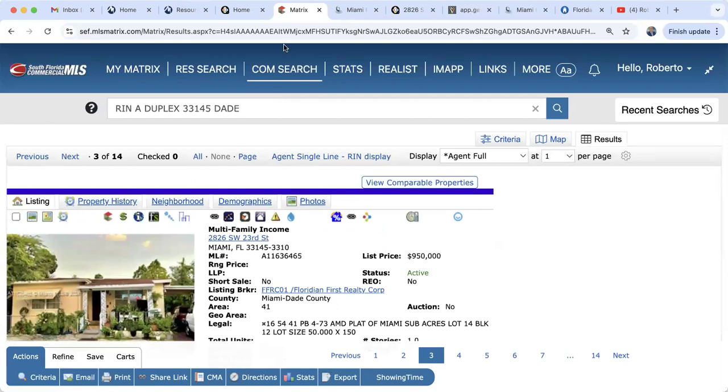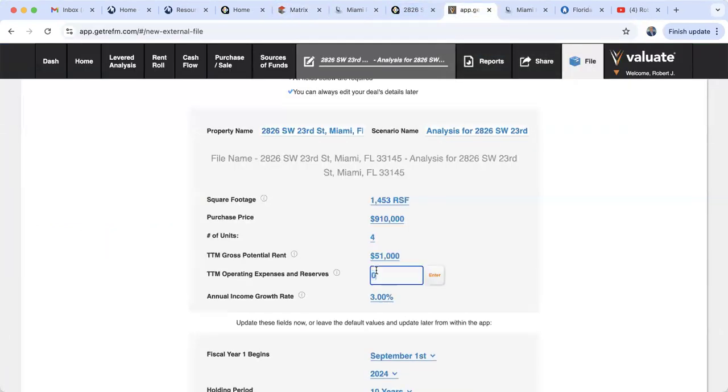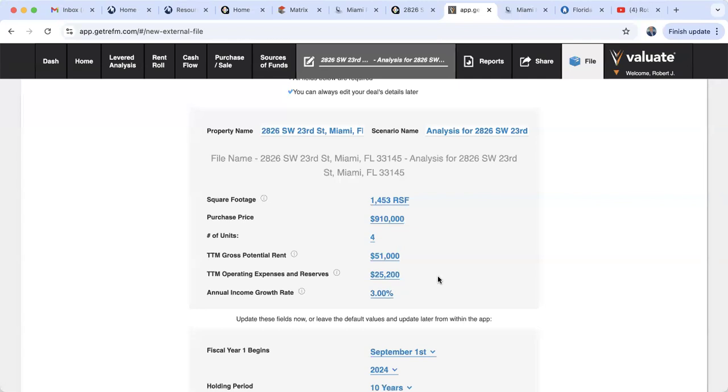Now we're looking at a total expense of $25,200. Now, guys, there are other expenses like lawn maintenance, landscaping, pest control, things of that nature. There's also reserves. You may want to save for reserves.